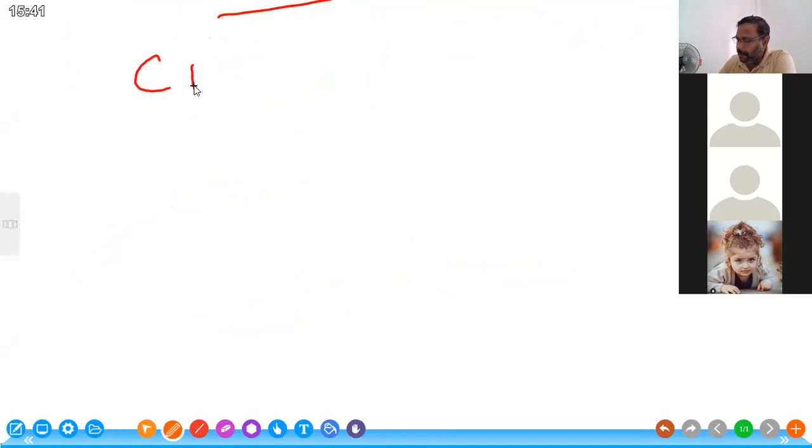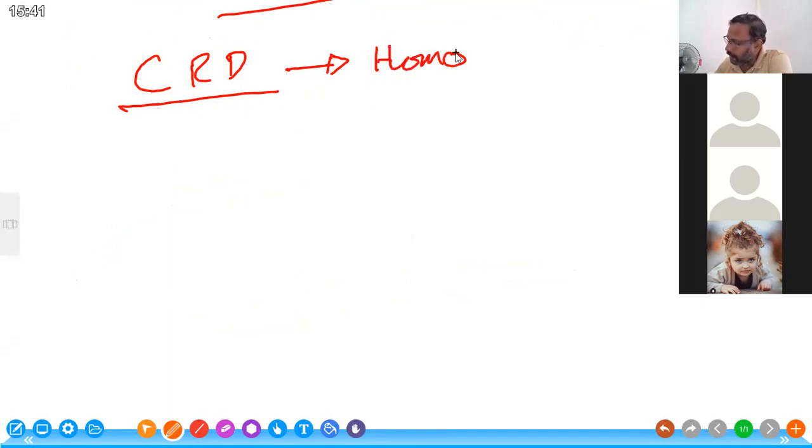Yes. What is the principle of CRD design? Where can we apply CRD design? Under which circumstance? More uniform. We call it a homogeneous condition. Give an example of a homogeneous condition, a couple of examples.